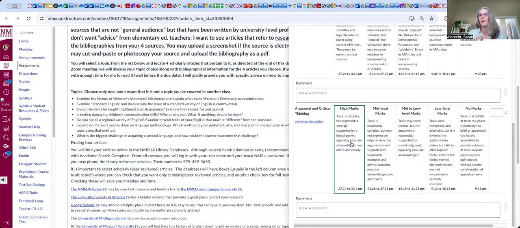So your logical points are being organized by your thesis, but then they're being supported by your sources that you use. And so then this section is how is all of that coming together as you develop the main ideas of your paper. Please let me know if you have any questions or concerns.